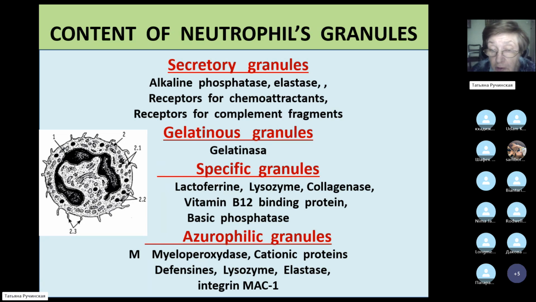And look, there are not only enzymes but receptors for chemoattractants and receptors for complement fragments. Very interesting. And one of the main enzymes for killing the injurious agent is myeloperoxidase.